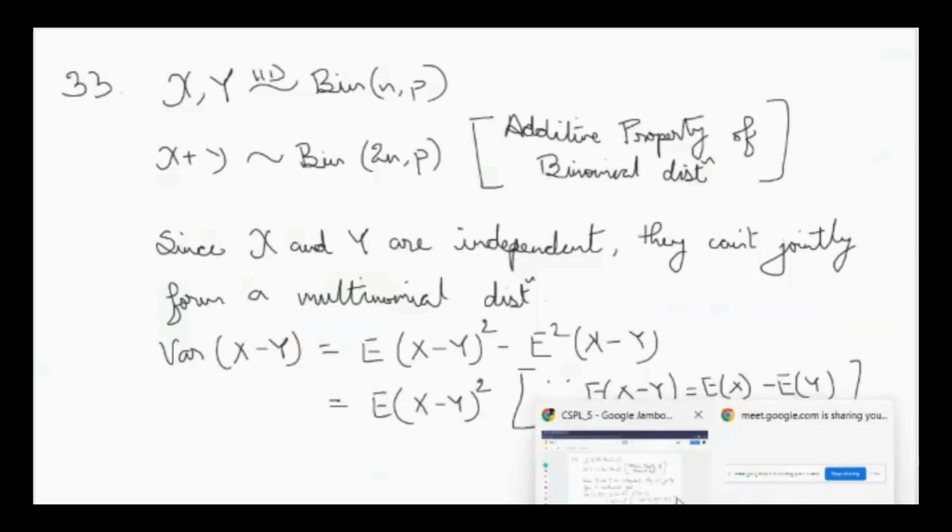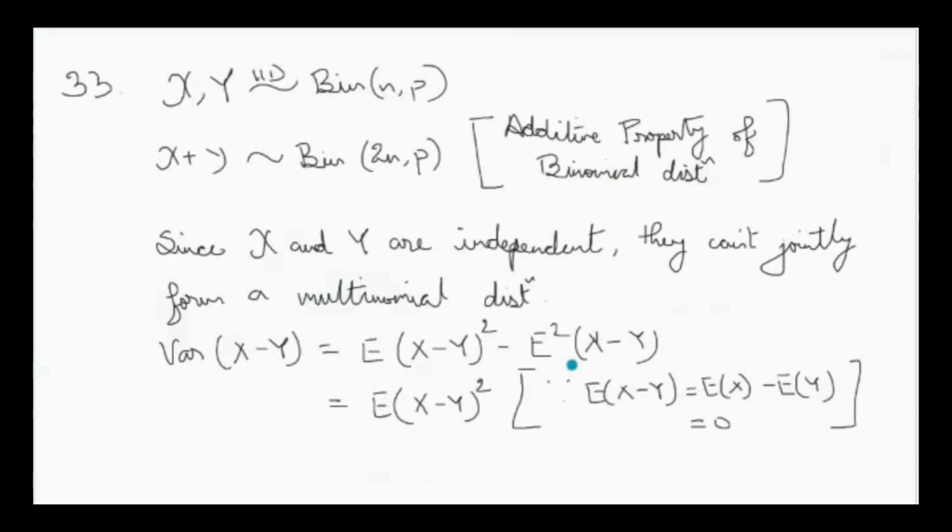So essentially it's a trinomial distribution. However, since X and Y are independent, they cannot jointly form a trinomial distribution in this case, because in a trinomial distribution the two random variables X and Y are dependent by the fact that X plus Y is less than or equal to some n.